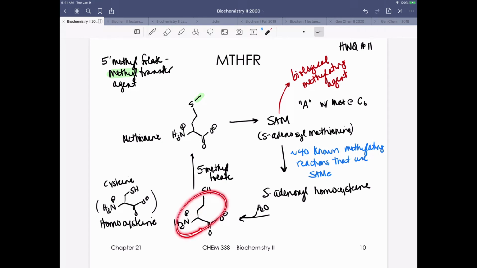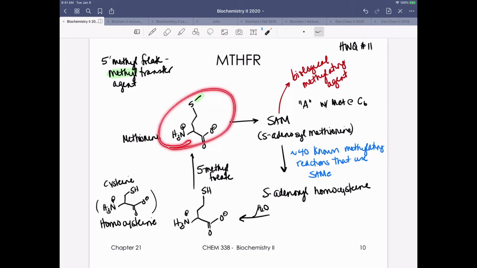So this is not cysteine, right? But it's a homolog of cysteine that once it's methylated actually becomes methionine. So if you are MTHFR deficient and you have insufficient levels of biologically available 5-methylfolate, you are going to have increased levels of homocysteine and decreased levels of methionine.